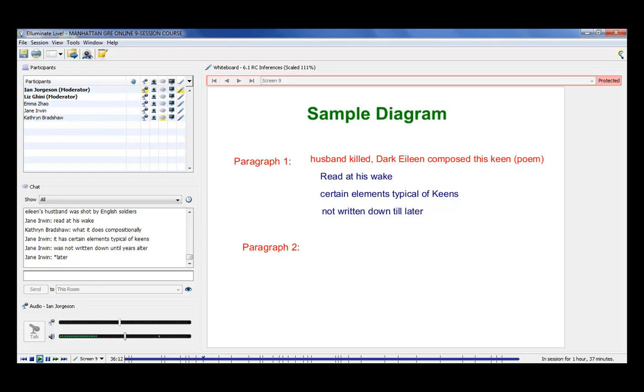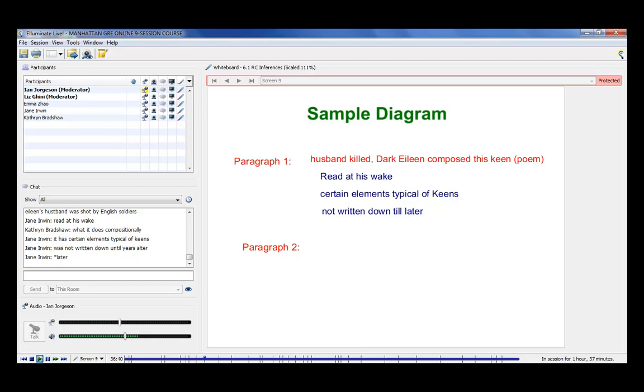So basically we got this woman, her husband got murdered or killed, depending on whether you're Irish or English, I would suppose, is how you would view the death of Dark Eileen's husband. She composed this Keen. She read it at his wake or chanted it or something. There are certain elements in there, traditional elements typical of Keens, and they didn't write it down right away. We've got this evidence that complete versions were not written down until years later.